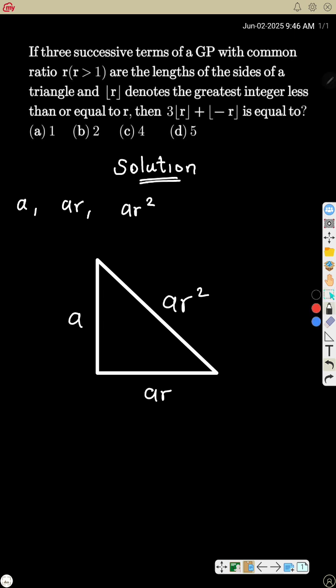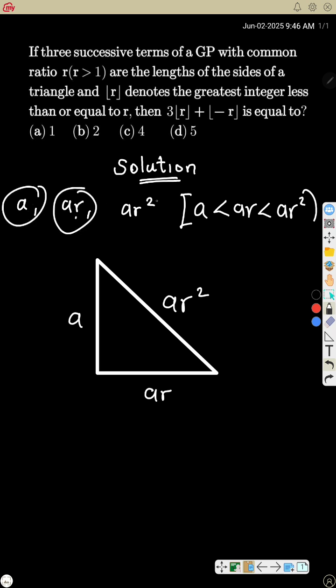But here, these are consecutive terms of a GP where a is less than ar and ar is less than ar square, because this is smaller than this, and this is smaller than this. That's why we call it consecutive terms of a GP.